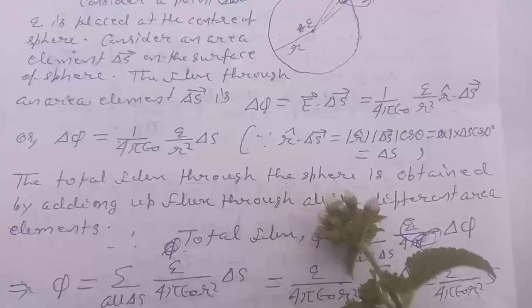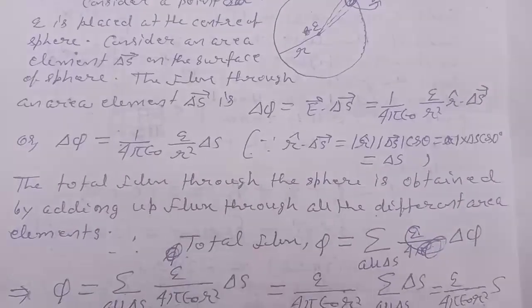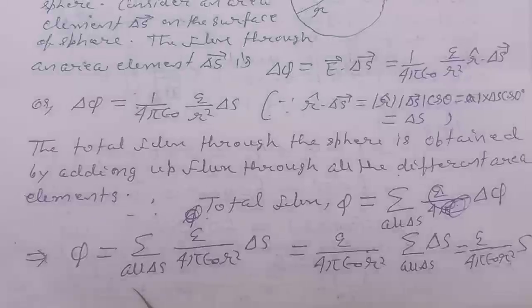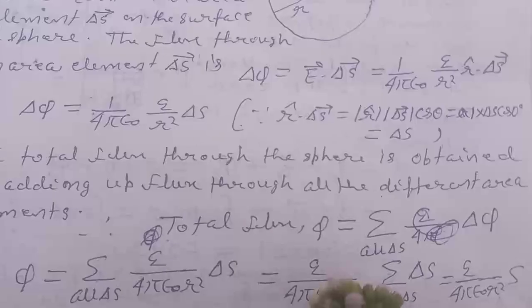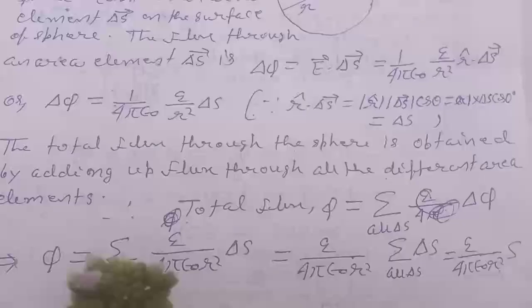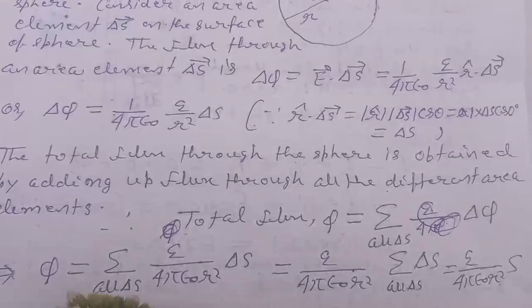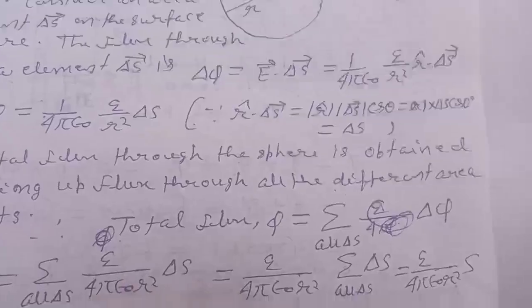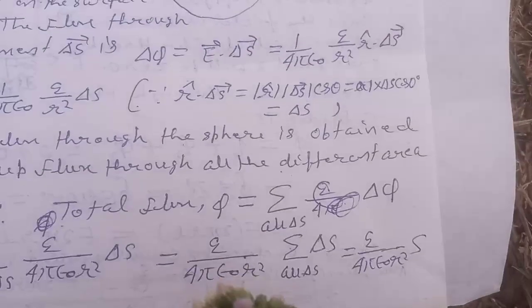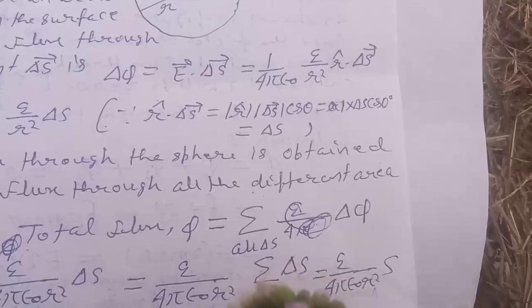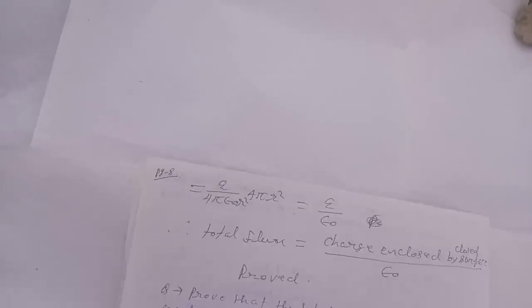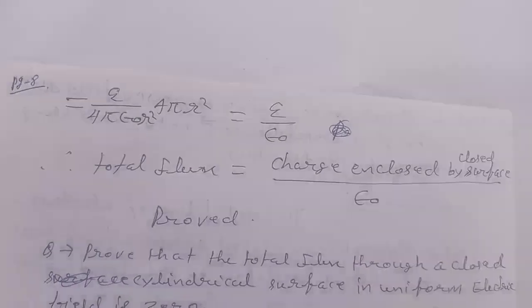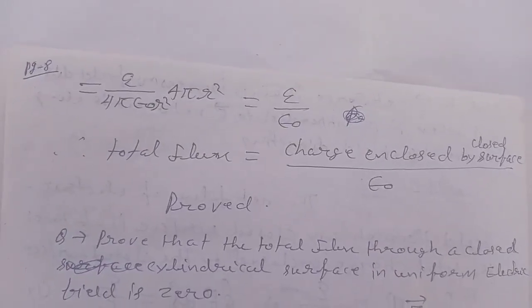The total flux through the sphere is obtained by adding the flux through all the different area elements. Hence, total flux phi equals sigma of all delta phi, which implies phi equals sigma of all delta S times q by 4 pi epsilon naught r square, equals q by 4 pi epsilon naught r square into sigma delta S, equals q by 4 pi epsilon naught r square into S. Hence, equals q by 4 pi epsilon naught r square into 4 pi r square.